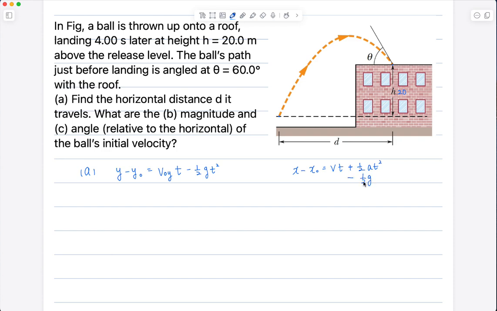The reason is that the acceleration is always in the negative direction. Therefore g is positive 9.8 in magnitude, but the direction is negative. That's why I use the negative 1/2 g t squared.